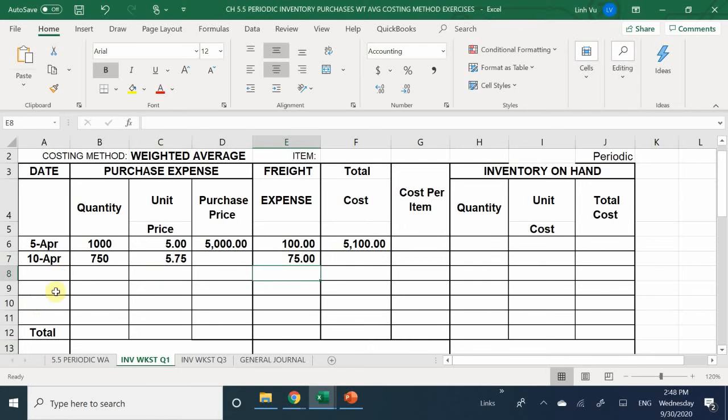So what is my total purchase price here? Purchase price is $4,312.50. Good. And my total cost is $4,387.50. Good. Do we need to solve for our cost per item?